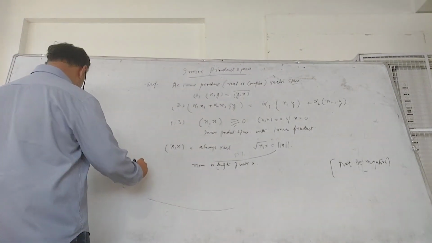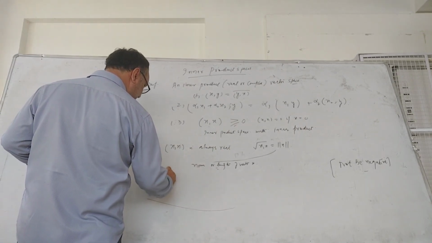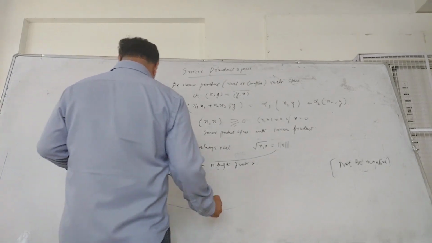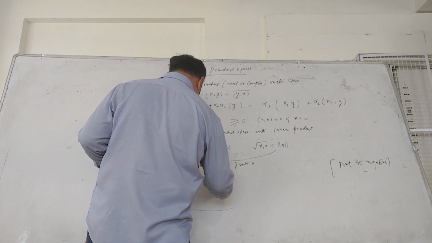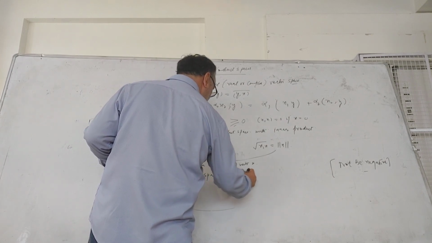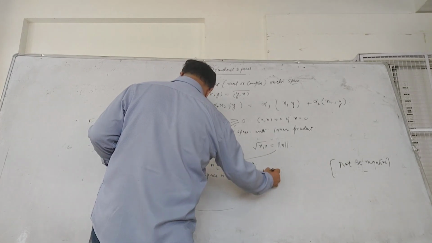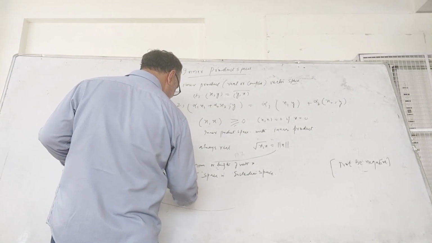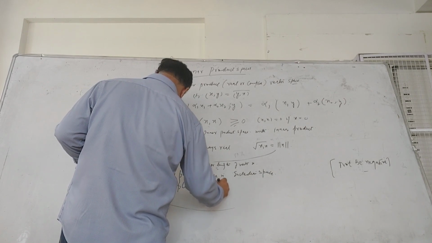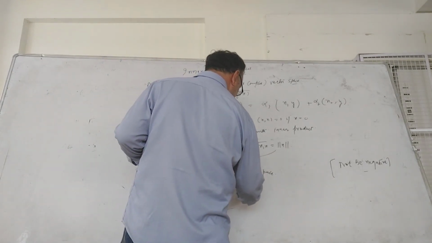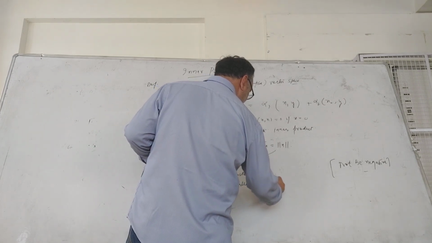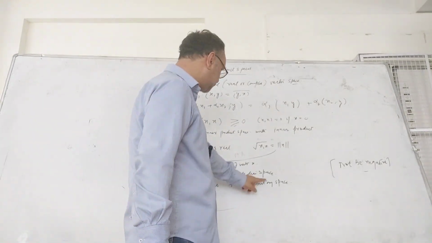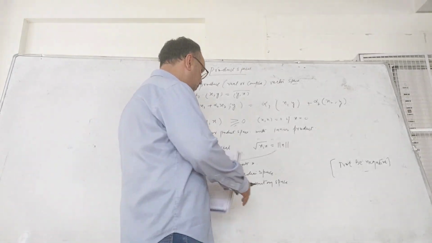A real inner product space is called a Euclidean space, and its complex analog is called a unitary space.